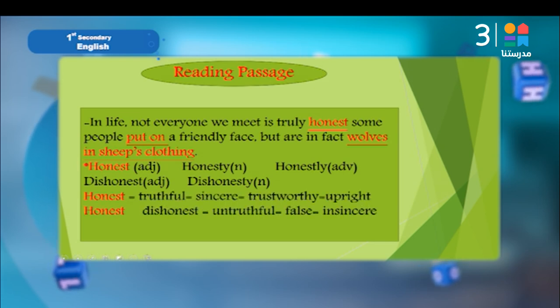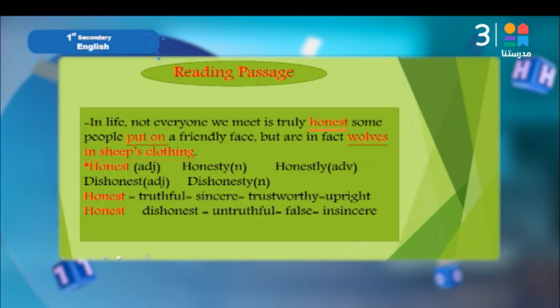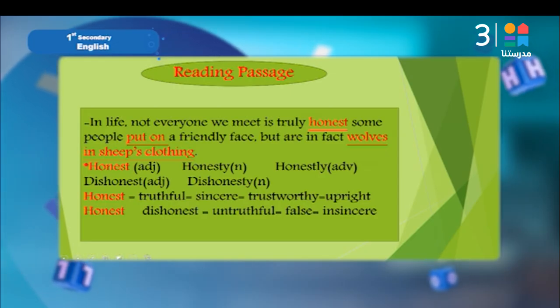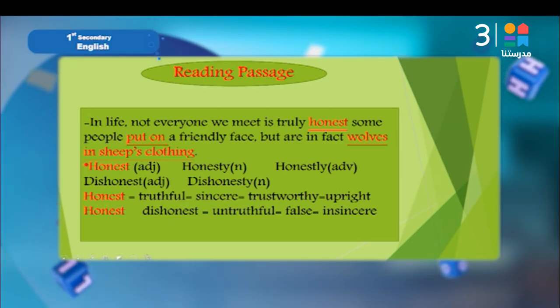Let's try to take the synonyms and antonyms of this word. What is the synonym of the word honest? Yes, truthful, sincere, trustworthy, upright. I'm sure that they know what the word synonym means. Synonym means the same meaning. So I need you to bring me the same meaning of the word honest.